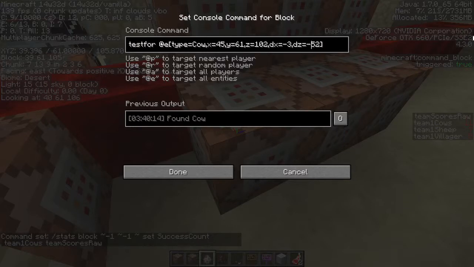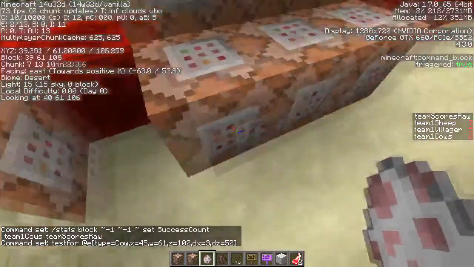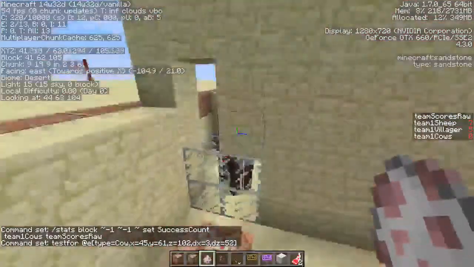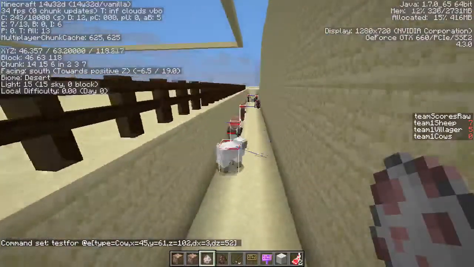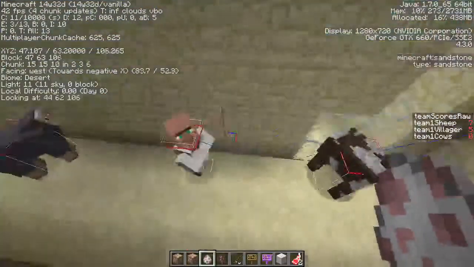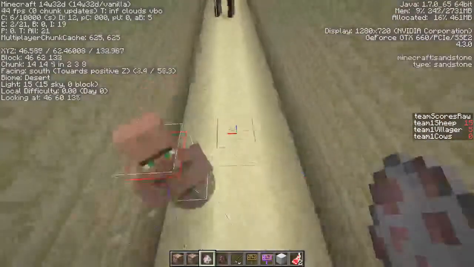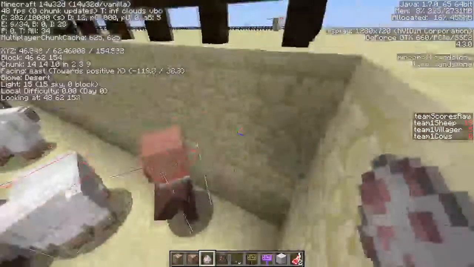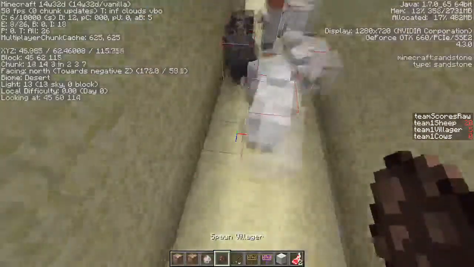I made the DX and DZ positive. But then it's not finding any cows, but it is finding sheep and villagers. Why is it finding sheep and villagers? Yeah, if I add more sheep, it finds more of them. Did I typo my selector for cows?